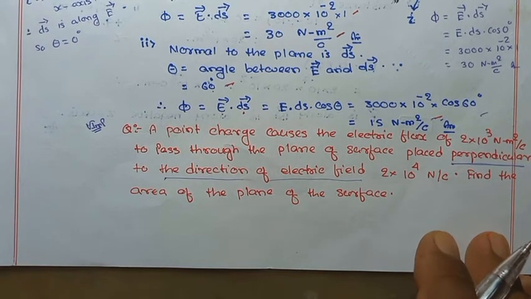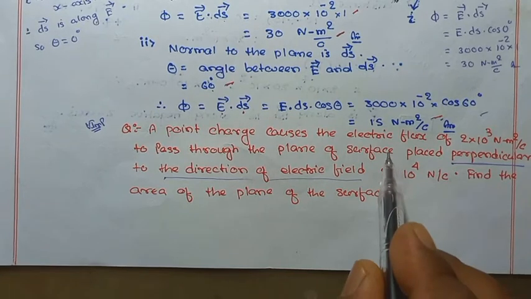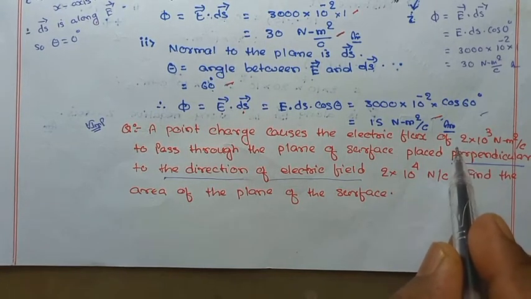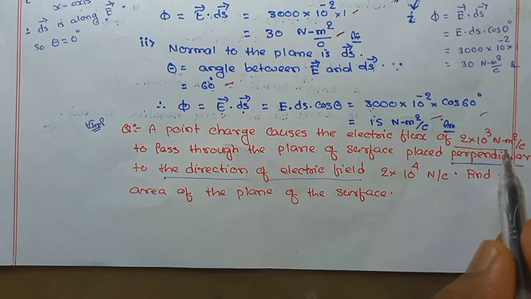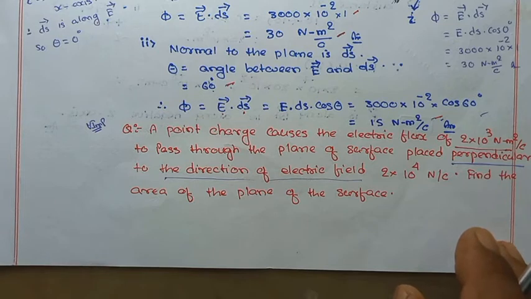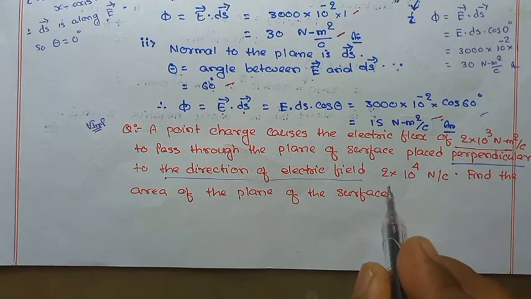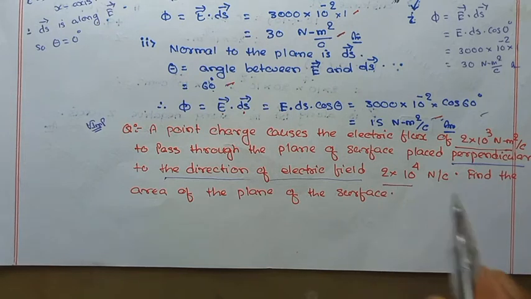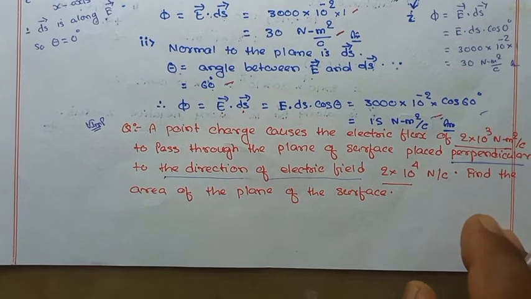Here in this question electric flux is given, that is 2 into 10 to the power 3 Newton meter square per coulomb, and it passes through the plane of the surface, and the plane of the surface is perpendicular to the direction of the electric field. The electric field magnitude is also given, that is 2 into 10 to the power 4 Newton per coulomb. We have to calculate now the area of the plane.